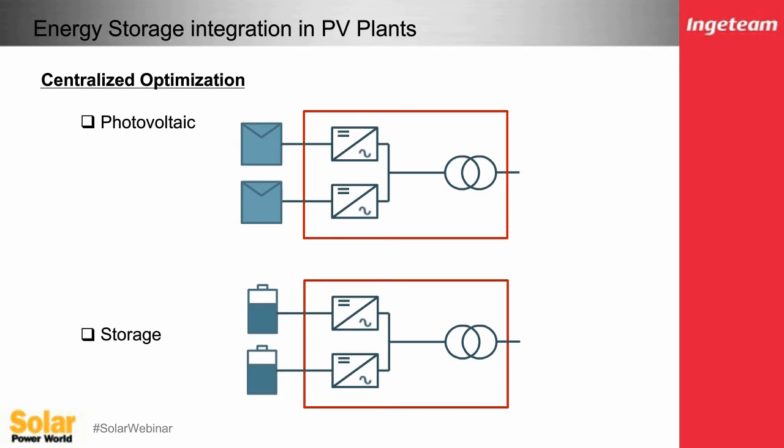Therefore, an additional optimization of the entire plant could potentially reduce even further the number of transformers connected to your system, because you're optimizing each one individually. The PV optimized, the battery system optimized. Reduction of equipment, additional cost savings.